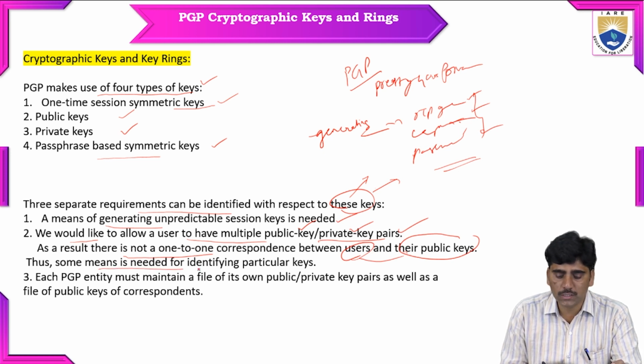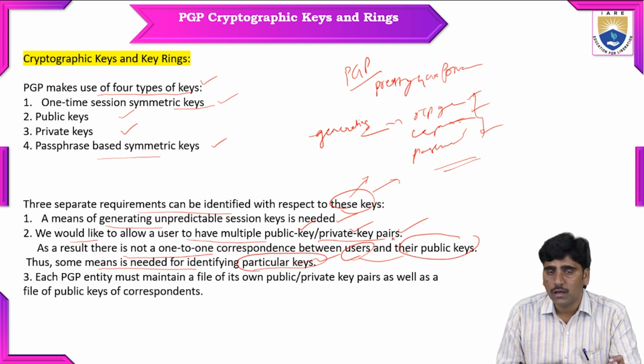Thus, a means is needed for identifying the particular keys. To connect users and public keys, a connection is needed for identifying those particular keys.